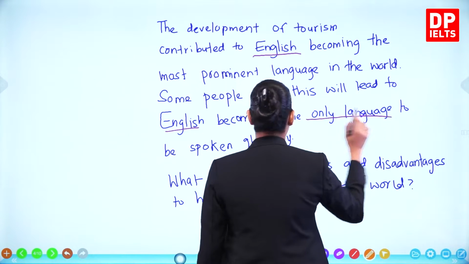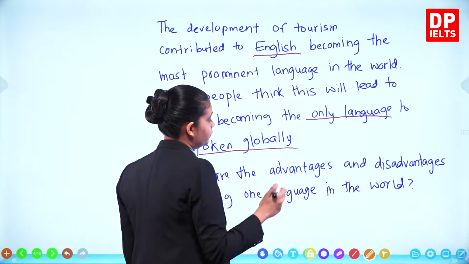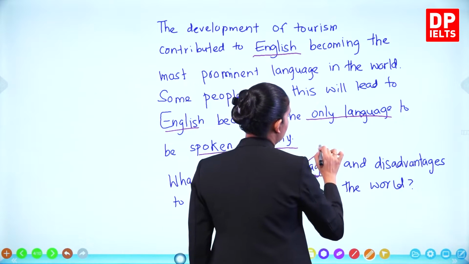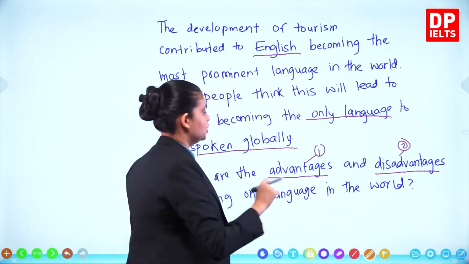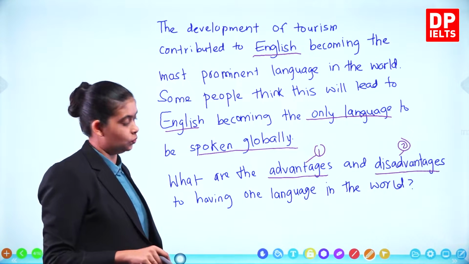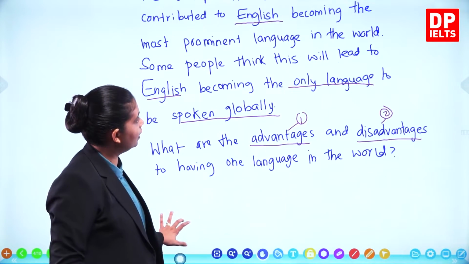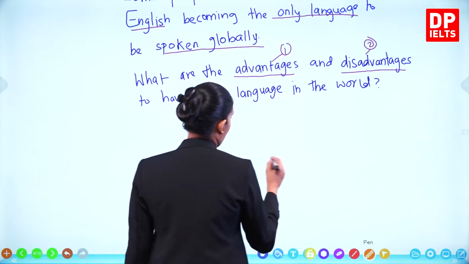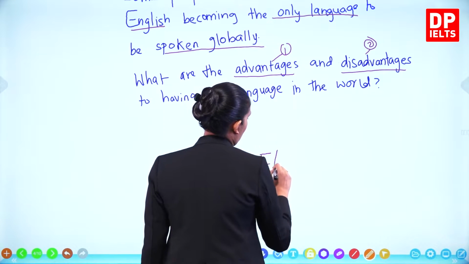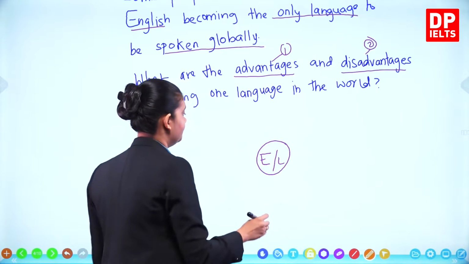So they're asking you for two things. What are the advantages and what are the disadvantages of English being the only language in the world, right? Now I'd like to start off with our little mind map, okay? So we're going to talk about English as a language. That is why I put EL, okay?